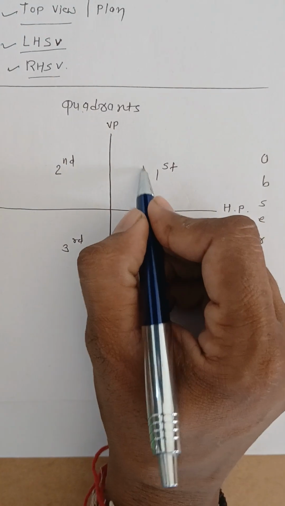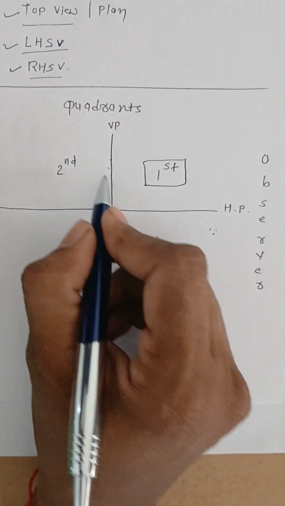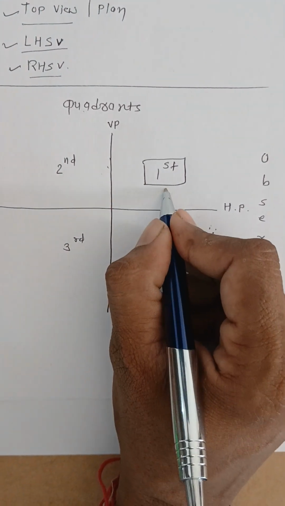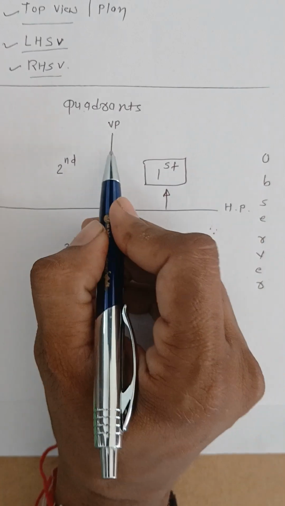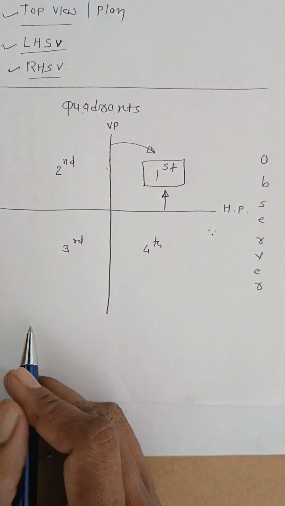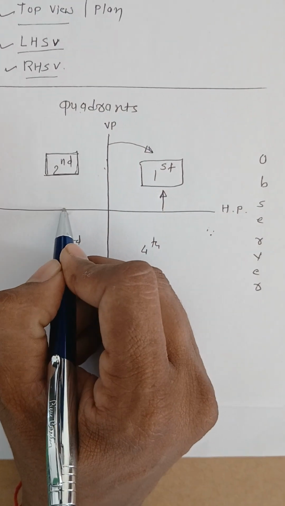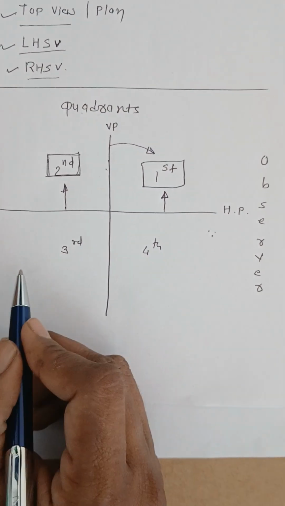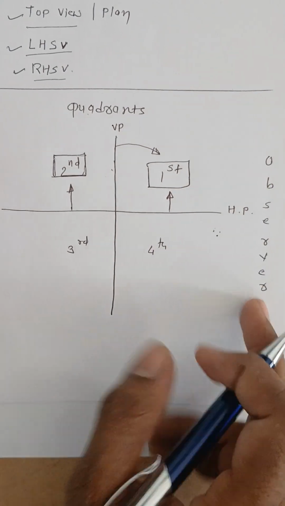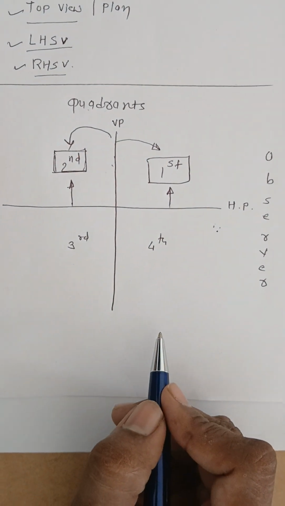If we talk about the position of the object in particular quadrants with reference to principal planes, if object is in first quadrant, we can say that object is above horizontal plane and in front of vertical plane. Similarly, if object is in second quadrant, object is above horizontal plane and behind vertical plane.